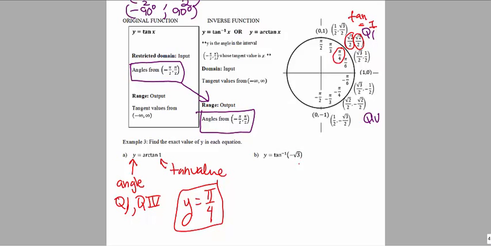Now what if our tangent value is negative? So now we're looking for an angle, and it's quadrants 1 and 4, so one of those two quadrants, that has a negative tangent value of negative square root of 3. So remember this, we're thinking about the y divided by the x.